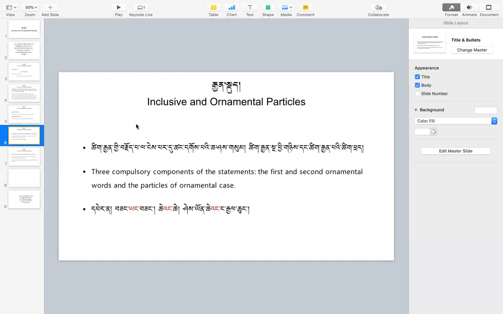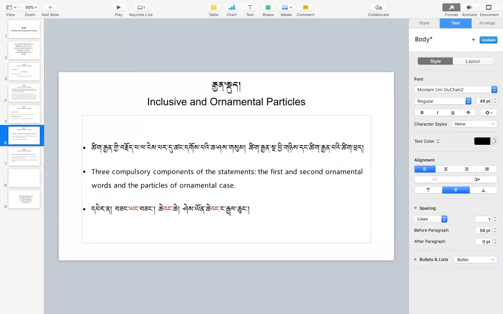Now, the inclusive and ornamental particles. The first one is the inclusive case. So, three compulsory components of the statement. When we talk about statement, we're talking about the ornamental statement. Like we always say, when we talk about compulsory, what we mean is that it's compulsory in writing, not in inference, because, as we already discussed, some things can be inferential but need not be written in the statement, just like the object in the third case.